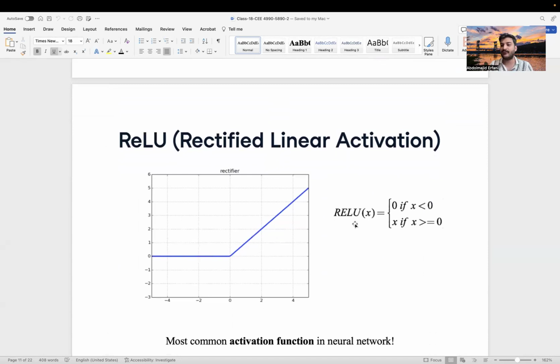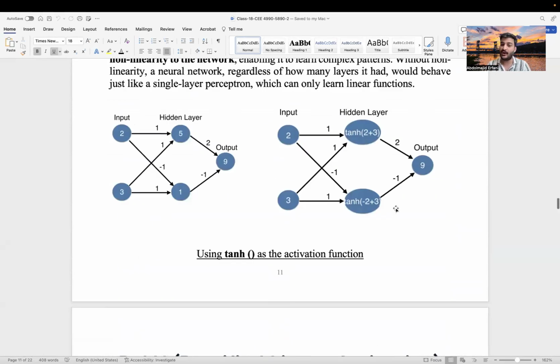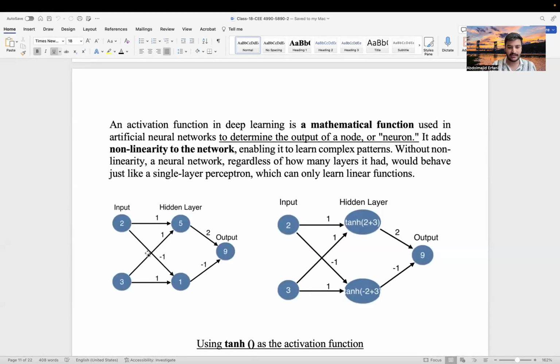Or this is another famous activation function, the ReLU function. If the value is more than 0, then the value will be equal to the same value you got. But if it's less than 0, you will get 0. What does that mean? For example, 2 multiplied by 1, 3 multiplied by 1, if you add those numbers, gives you 5. And then you put number 5 here.